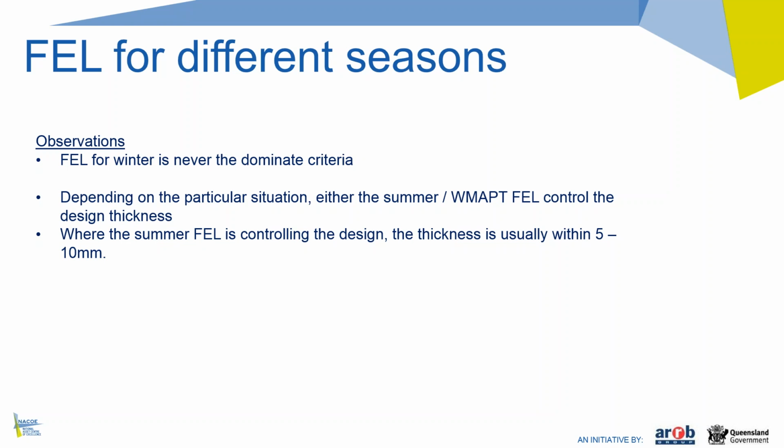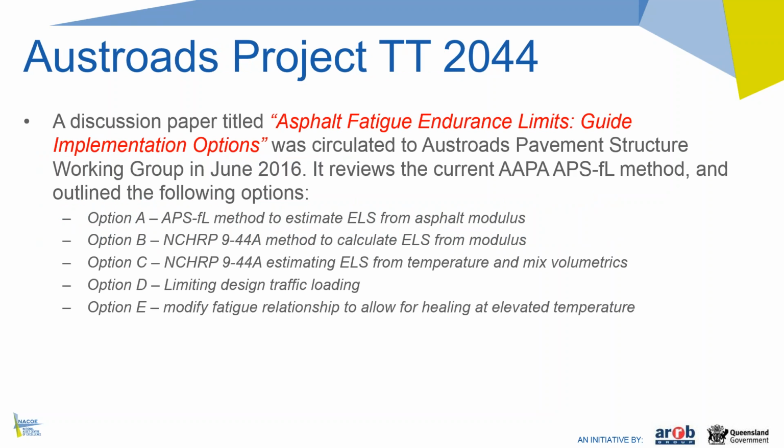Depending on the particular situation, either the summer or the WMAPT criteria will control the design thickness, and when the summer FEL becomes the governing criterion, it's usually within 5 to 10 millimetres of design thickness difference from the WMAPT. So that's possibly a reason for some simplification on this front. And then we move on to the next slide.